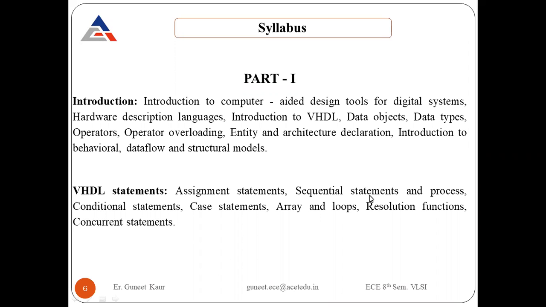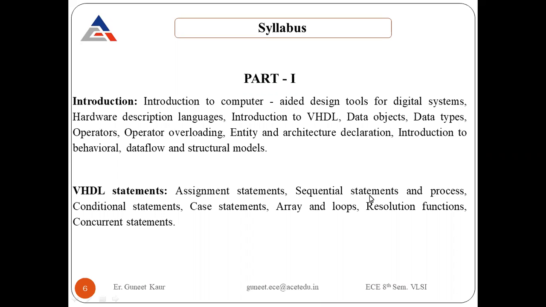Entity and architecture is the part that is used in the programming. So, how to declare an entity, how to declare an architecture, this will be also learned.